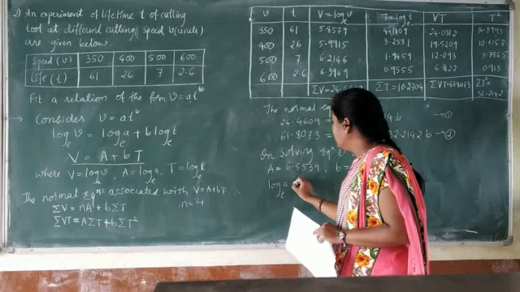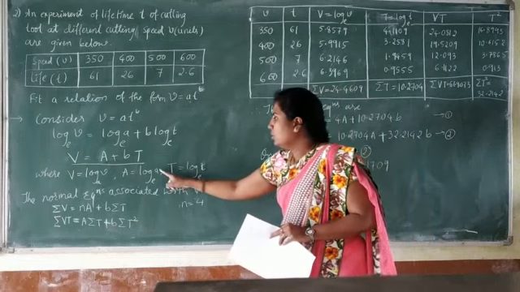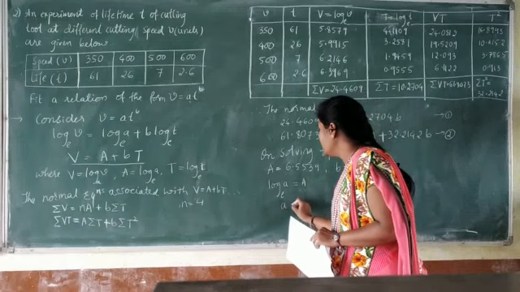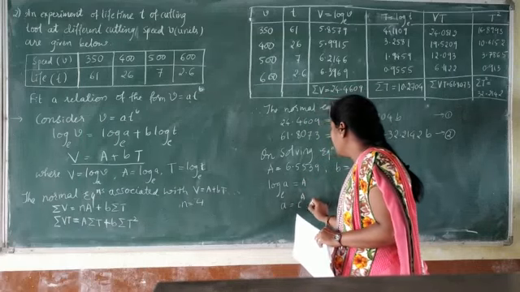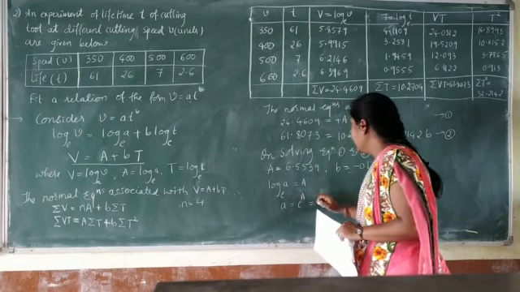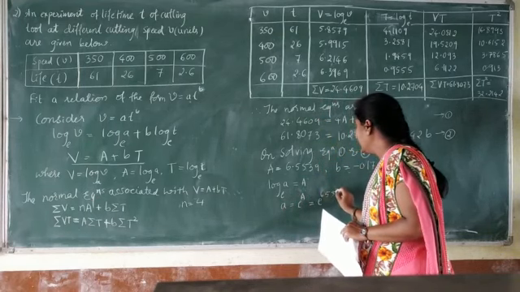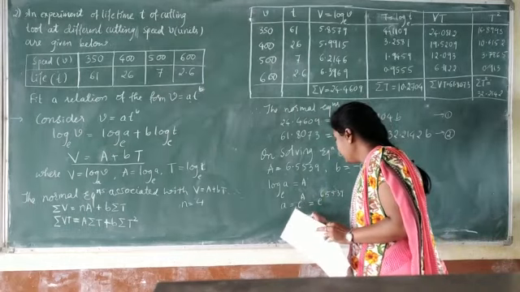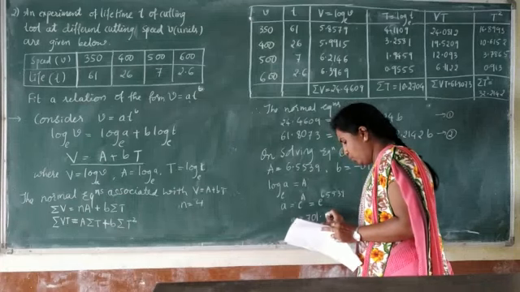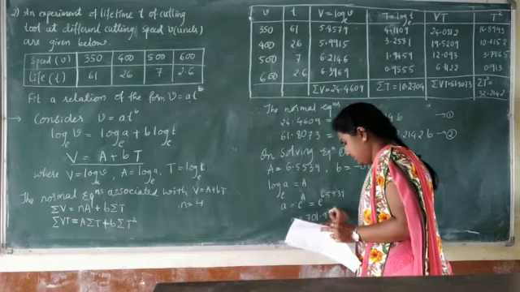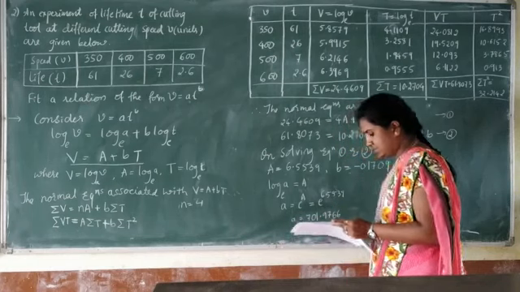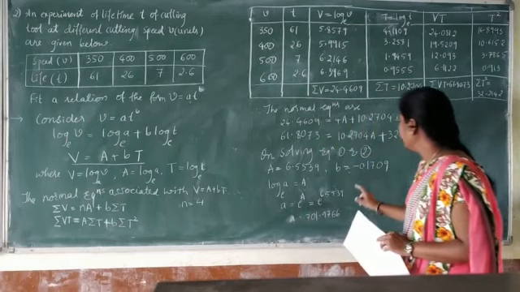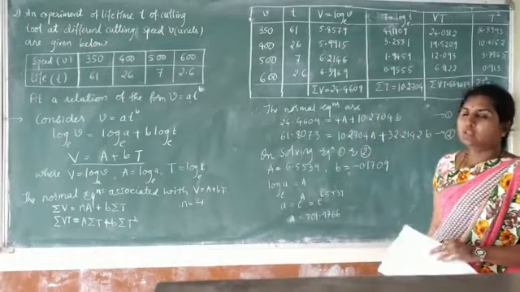Okay, to find small a value, we have capital A is equals to log a to the base e, or a is equals to e raised to A, or e raised to 6.5539, and the value of a is equals to 701.9766. Now we have obtained the value of small a and small b.